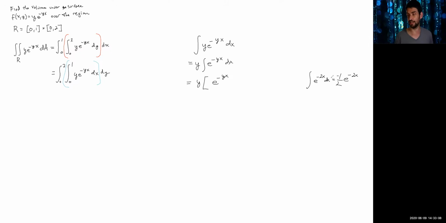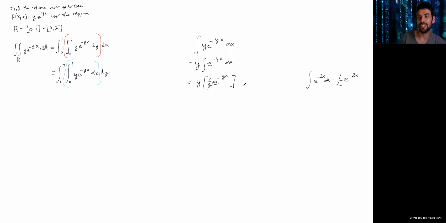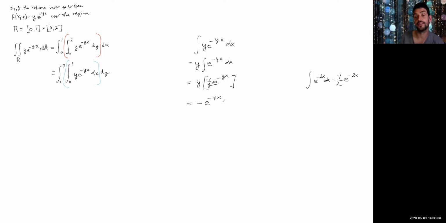If you think back to integral calculus, that might help. In any event, what we need here is a negative 1 over y. And again, I'm ignoring the constant of integration because I don't need it to do the definite integral. I just want to get the form of the definite integral that I'm going to use. y times negative 1 over y is negative 1, times e^(-yx).